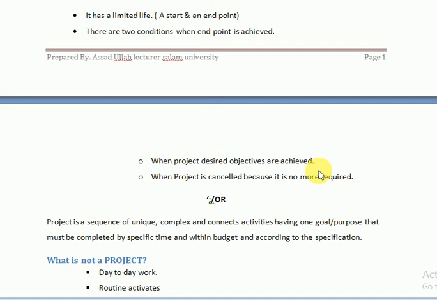Continuous manufacturing, like daily manufacturing taking place in a manufacturing company, is operations, not a project. Similarly, product distribution is an operational activity, not a project. Like daily, a company produces and distributes its products.